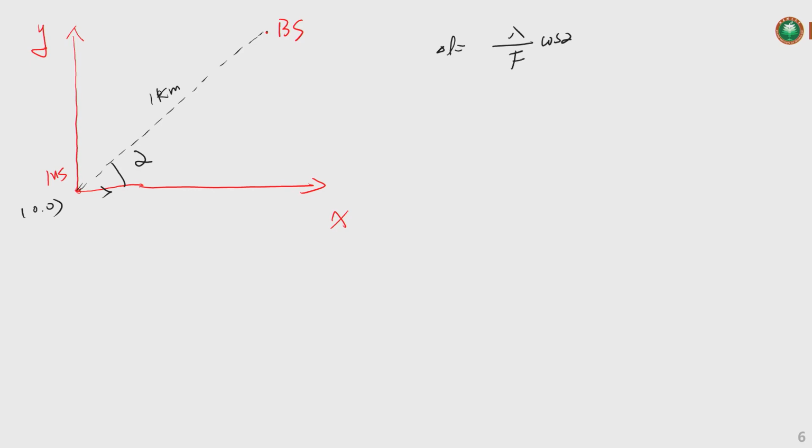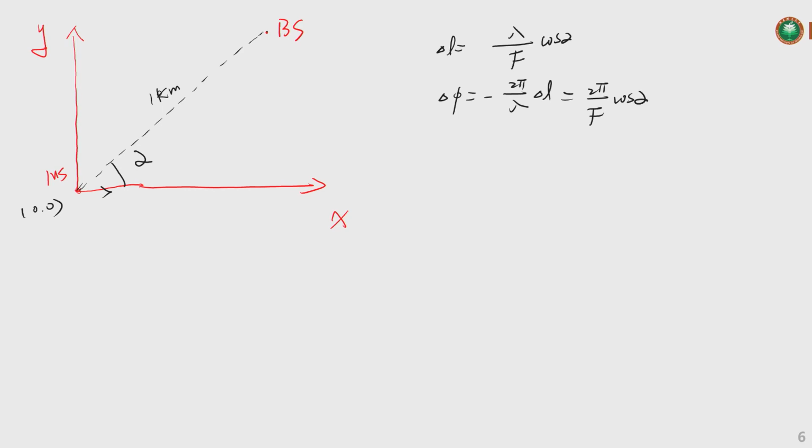So the related phase change due to this part is delta phi equals minus 2 pi over lambda times delta L. Okay, and that equals 2 pi over f times cosine alpha.